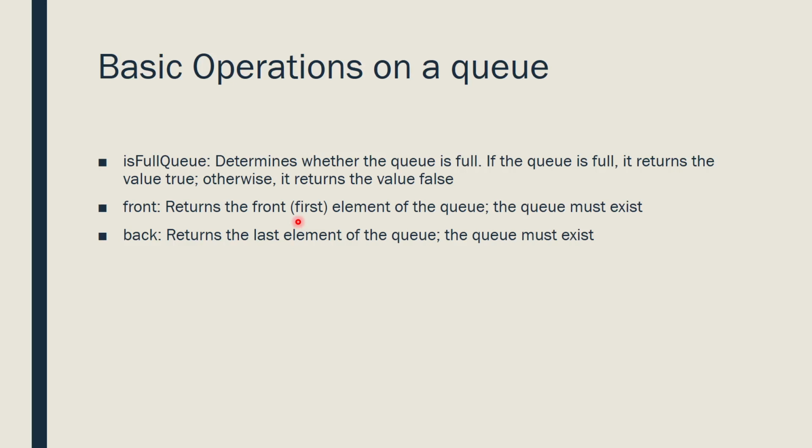The front operation and the back operation are very necessary to return the first element and the last element respectively. But before displaying the first element, or the front element, and the last element, the queue must exist.